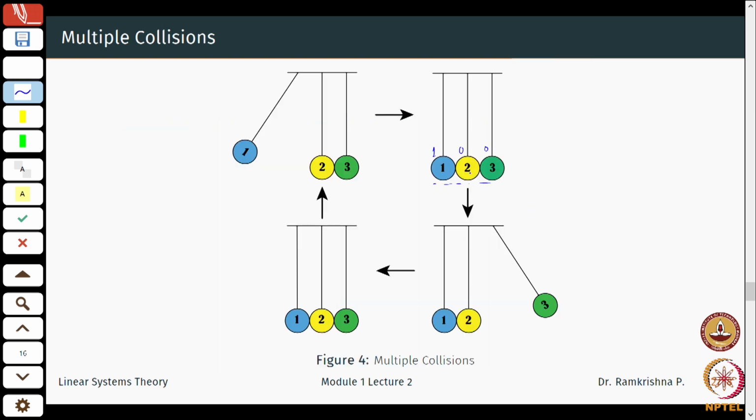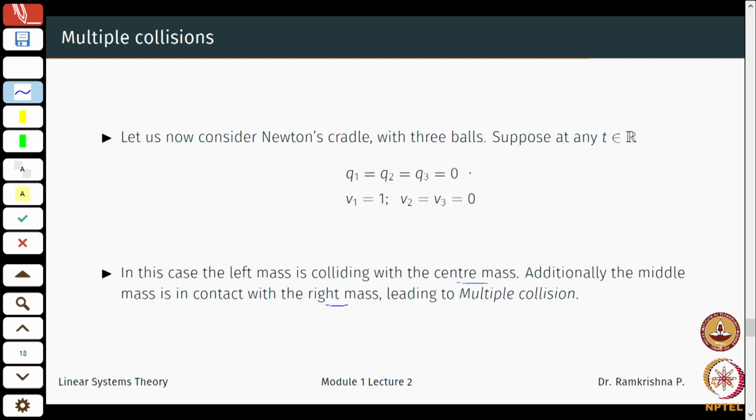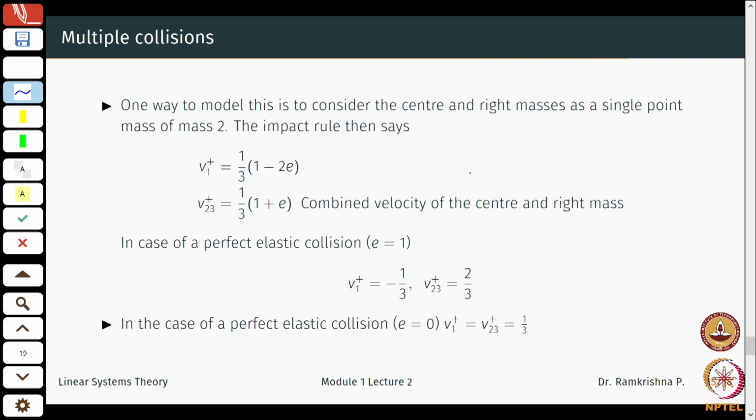So, what are the ways of modeling this phenomenon? One way is that I look at this as a mass 1 here, this is my Q1, and I take the remaining 2 masses as a mass 2, and the velocity of this is V1, and this is the combined velocity of 2 and 3.